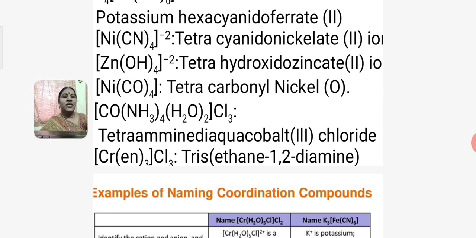As per that, among ammonia and water, which is to be named first? Whenever neutral ligands like ammonia and water are present, they are given some special names. So NH3 is named as ammine, A-M-M-I-N-E, and water as aqua or aquo.